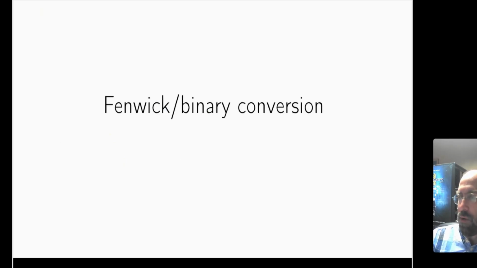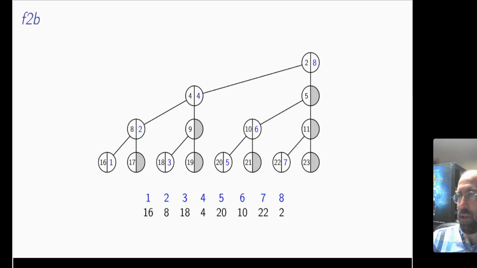Okay, so how do we convert between indices in a Fenwick array and indices in a full binary tree? I'm going to go through this pretty quickly; you can look in the paper for more details.